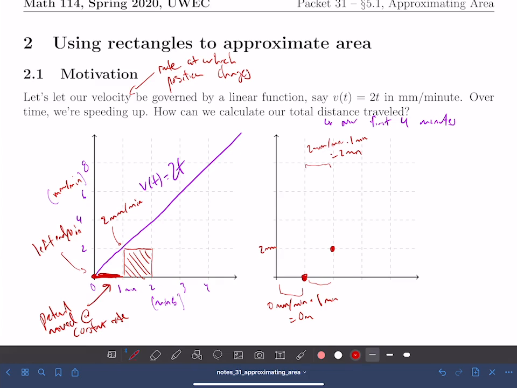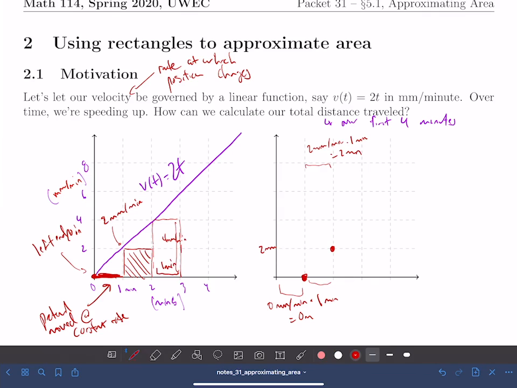Let's do it for the third minute now. So that's the time window from 2 to 3. That rectangle right there is of height 4. I'm going to erase the stuff inside the center here. The height is 4 millimeters per minute, and the width is 1 minute.